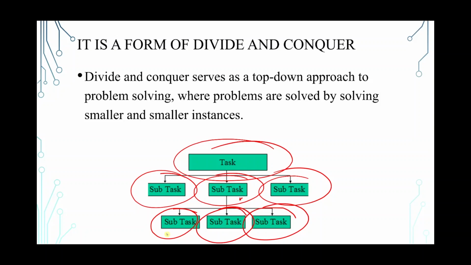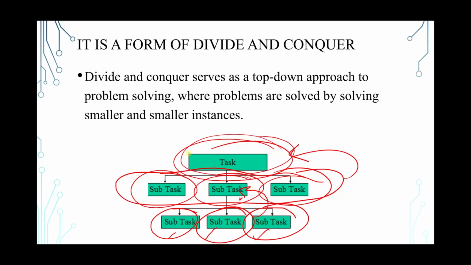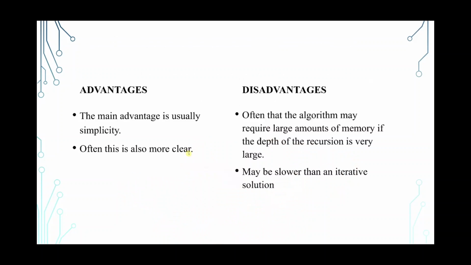Then you solve the smaller tasks, and then you conquer, go back, solve those tasks, and conquer until you reach the end, which is up to this point. Now you have a solution after you divided the big task into subtasks.